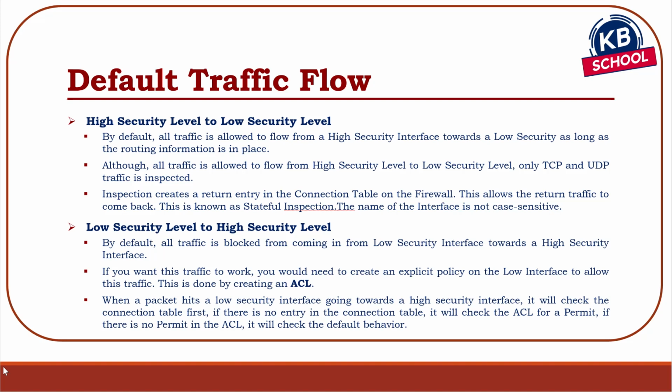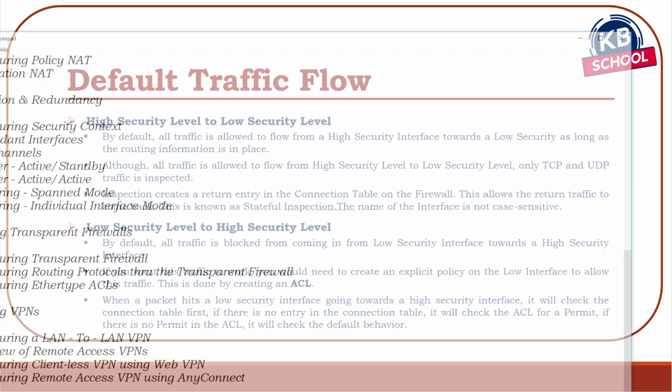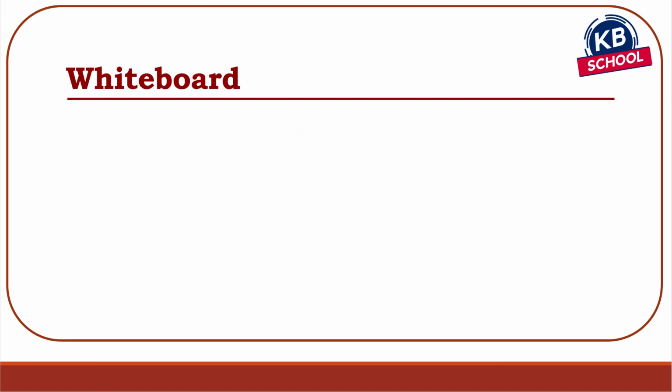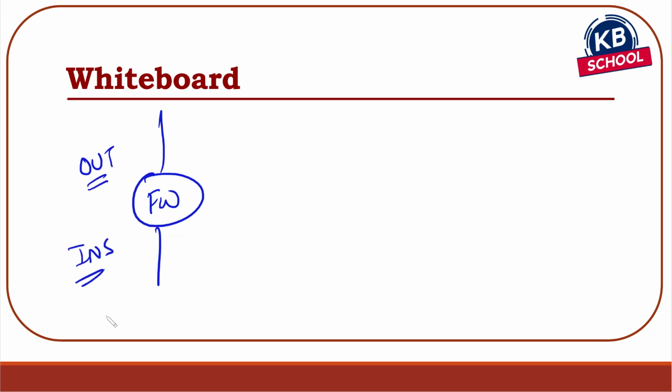Now, when you have 2 interfaces, let's say you have 2 interfaces assigned to your firewall. One is the outside and one is the inside interface. So you have an outside interface and you have an inside interface.